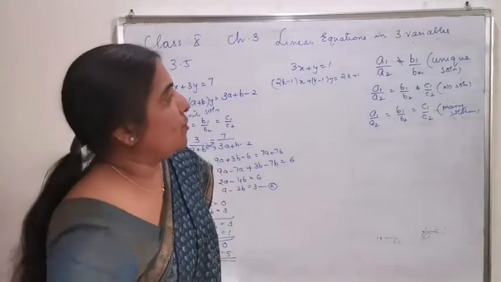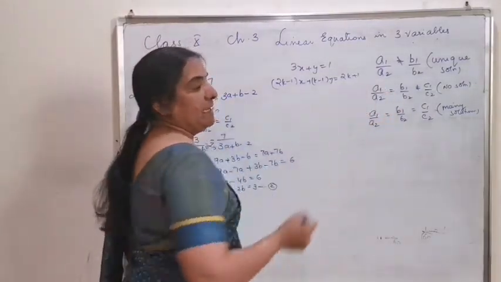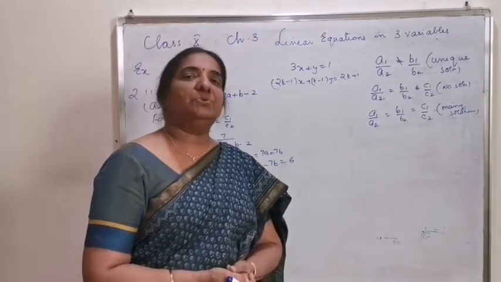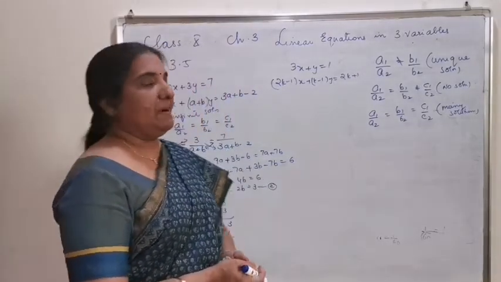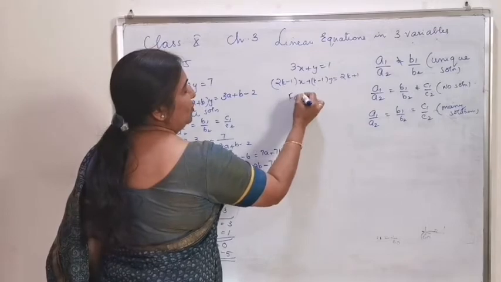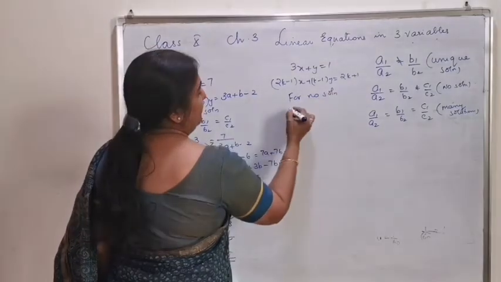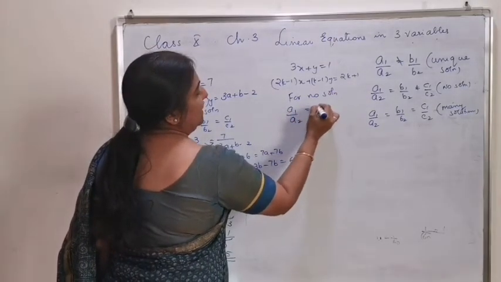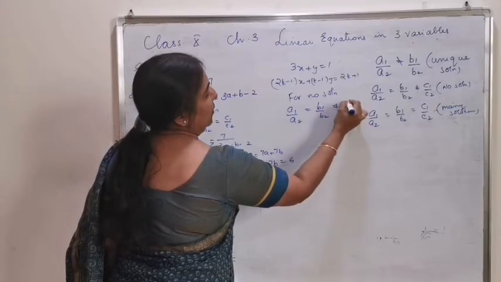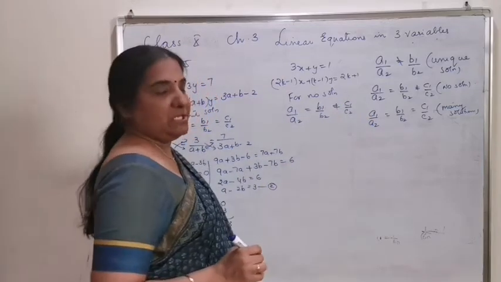The condition for no solution is a1 by a2 equal to b1 by b2 not equal to c1 by c2.